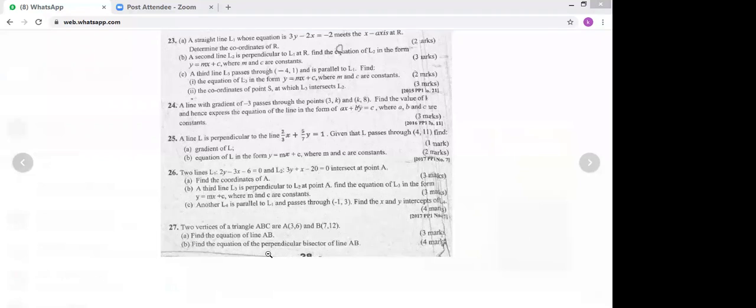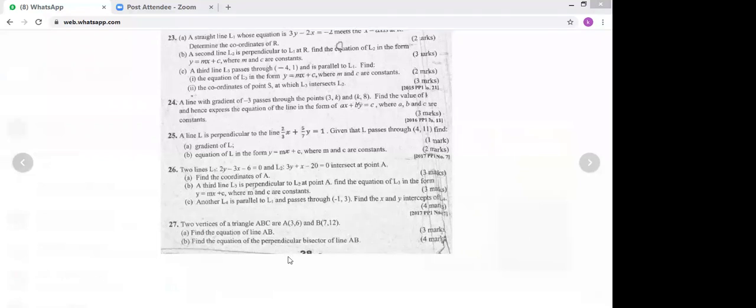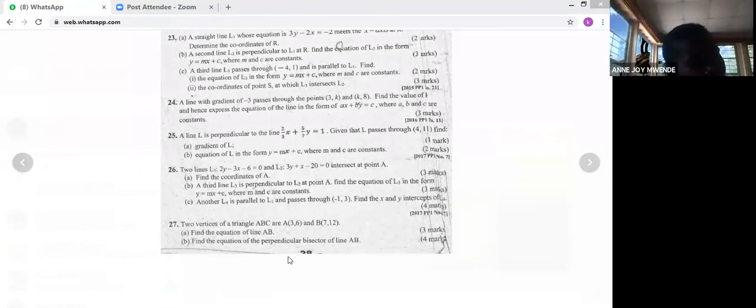Then I got 2y minus 0 is equals to minus 3x plus 3. Then I took 0 to the other side, and then I removed the 2 from the y, and I divided it on the other side, and I got my answer. Okay, y is equals to negative 3 over 2x plus 3 over 2.